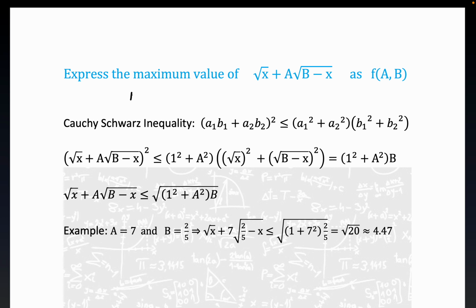To put it down in more plain language, what we're doing here is trying to find the maximum value of this expression, max abbreviated, in terms of A and B. And A and B are just real numbers.